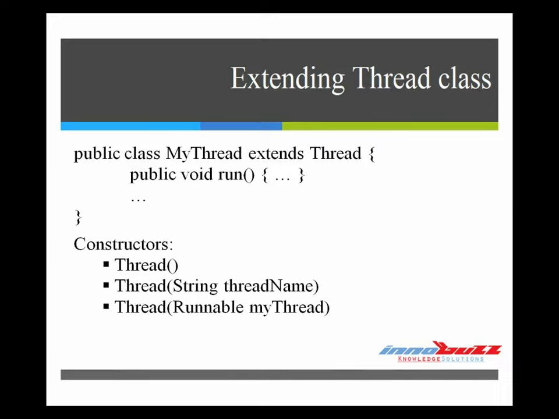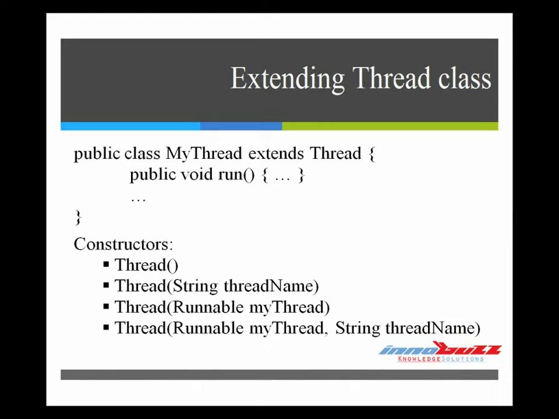The third constructor is when we give a Runnable, and this time also the JVM names it, and we give the target Runnable. So the void run that will be executed when we use this thread will belong to this target Runnable. And also we can use this with a name as well. This is the easiest way to create threads. We will see it in practice.